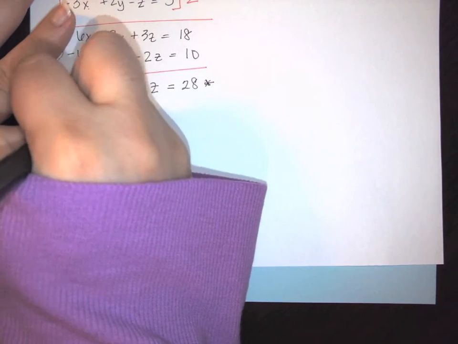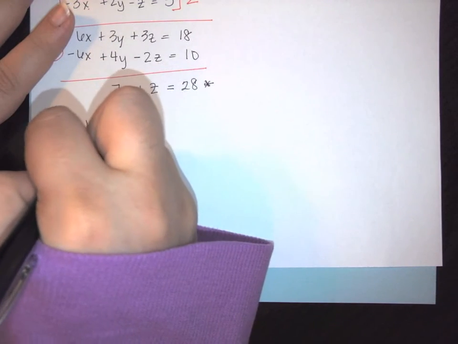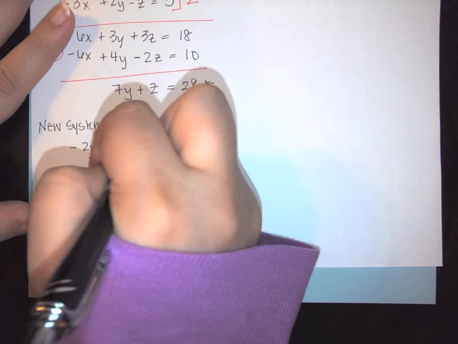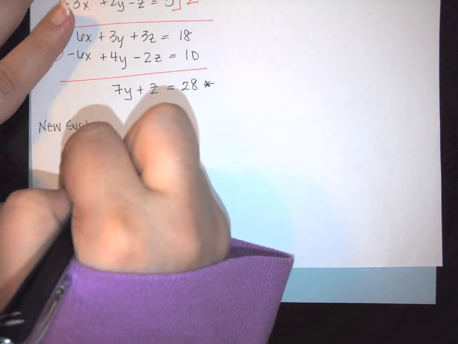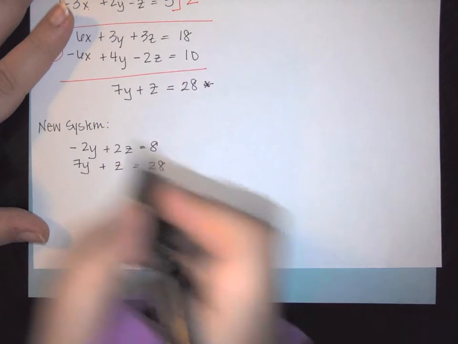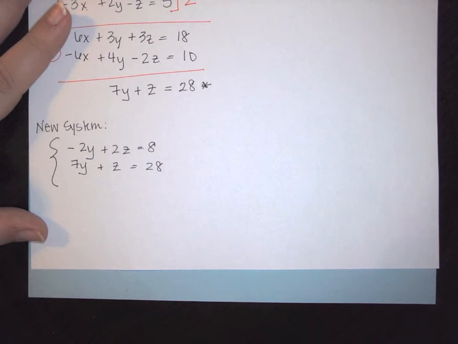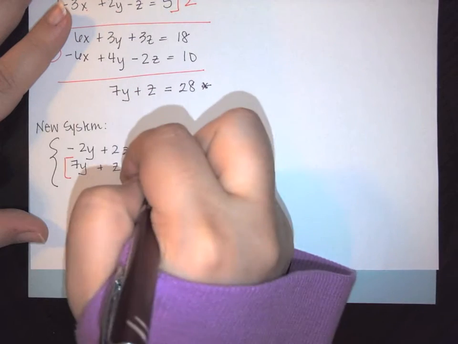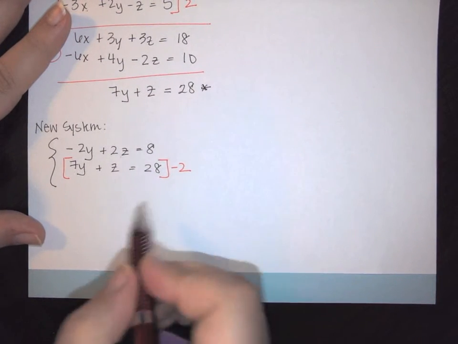So my new system is going to involve negative 2y plus 2z is equal to 8, and a 7y plus z is equal to 28. So I'm looking at my new system here, and one of the things that I notice is that if I multiply this bottom equation here by negative 2, I can cancel my z's.